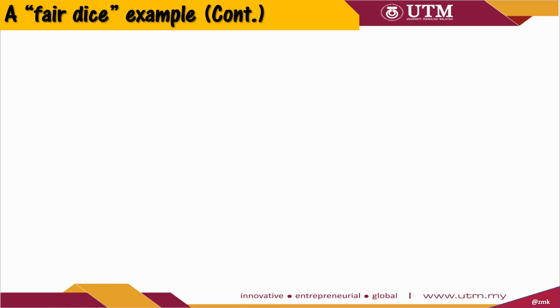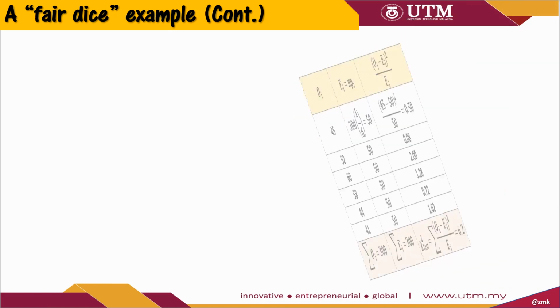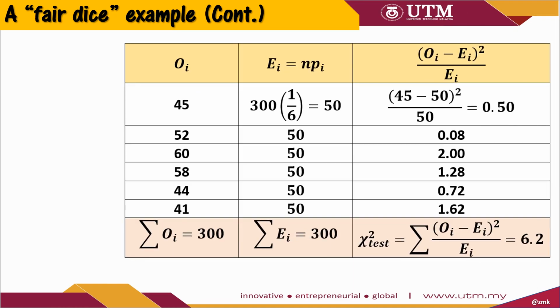We are still looking at the fair dice example. Now we can list down the observed values Oi and the corresponding expected values Ei for every ith class as follows. Since we know the value of pi, which is 1 over 6, then we can work out the values of Ei by multiplying 300 with 1 over 6, giving us 50 for all classes. Before we go into the last column, we need to check two conditions.